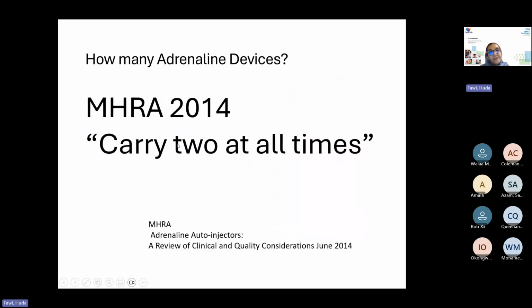Because the biphasic reaction may come again in 5 minutes, or you may have fired it wrong, and as you're holding it like a pen, the needle has gone through your thumb. It's easily done, and it has happened to 2 experienced health professionals in A&E, or it's faulty. So it's important to carry 2 at all times.